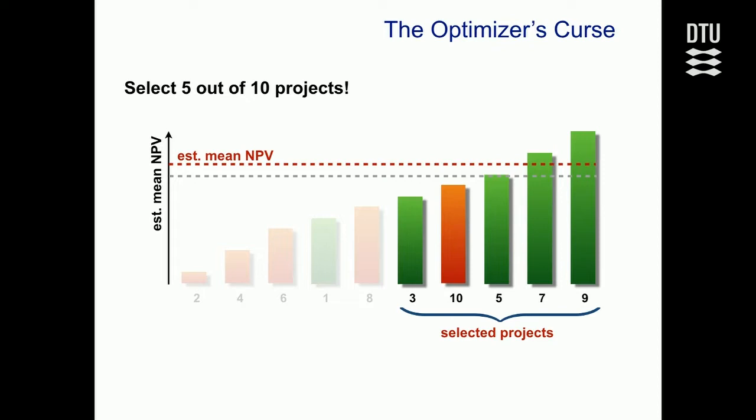And now you see the problem. The problem is that those projects whose expected net present value has been overestimated are more likely, much more likely, to be selected than those whose expected net present value has been underestimated. And that means that the estimation errors across those projects that you select do no longer cancel out, but they're actually on average positive. So it means you're too optimistic about what you can achieve, right?